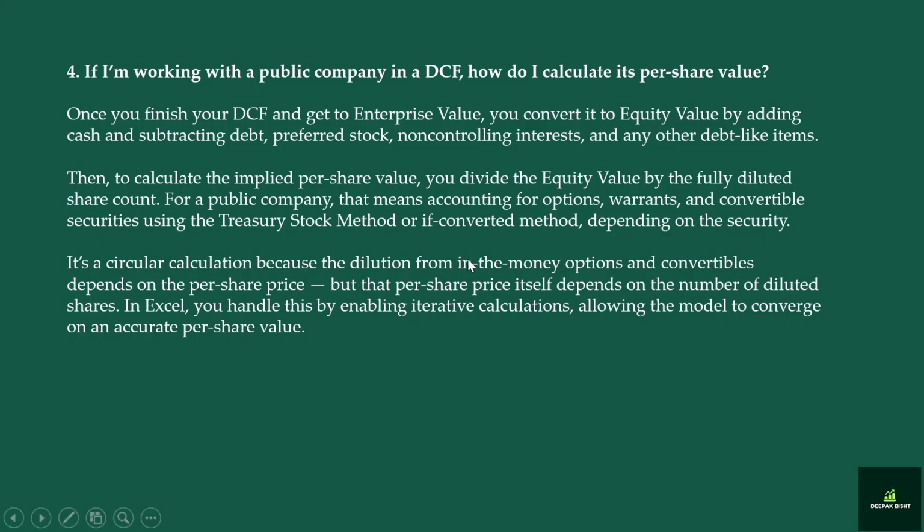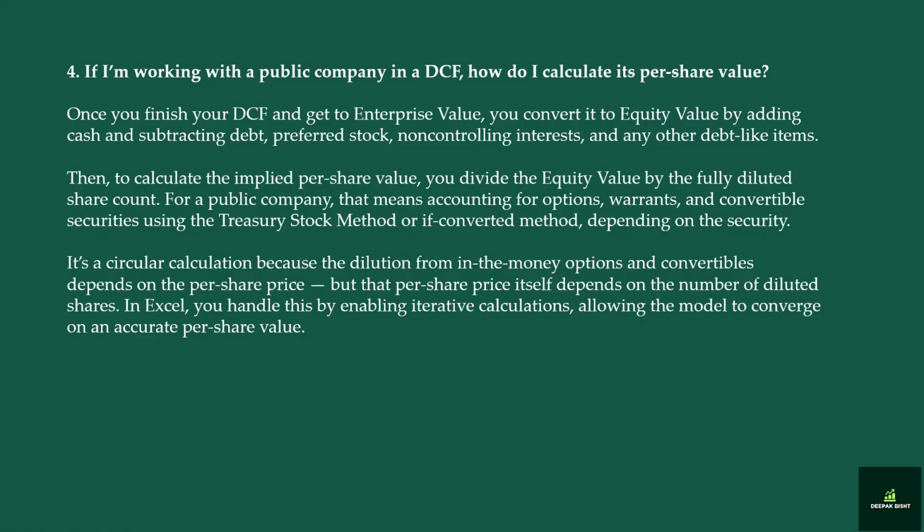Once you have completed a DCF and derived enterprise value and bridged from enterprise value to equity value, since the per share value is ultimately based on the company's equity, start with enterprise value, make the standard capital structure adjustments, then calculate the equity value.